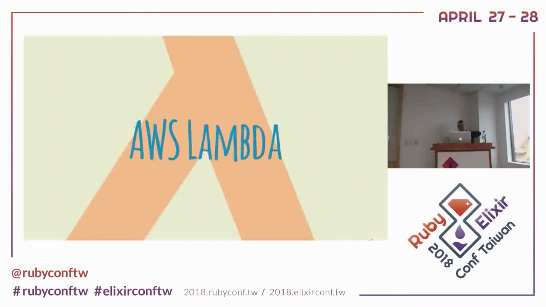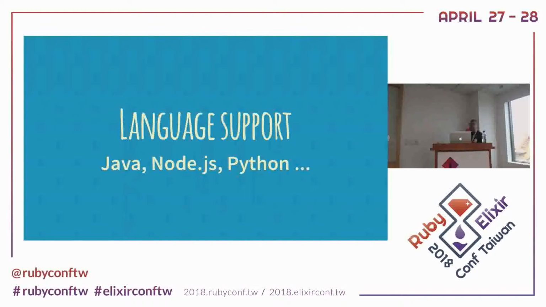You upload your code in a zip file, set some triggers to run that code, and that's basically it. You're up and running in less than a couple of minutes. And it executes your code only when needed, it scales automatically, and you only pay for the compute time you actually consume. And Lambda's got support for multiple languages such as Python, Java, Node.js, C#, etc.